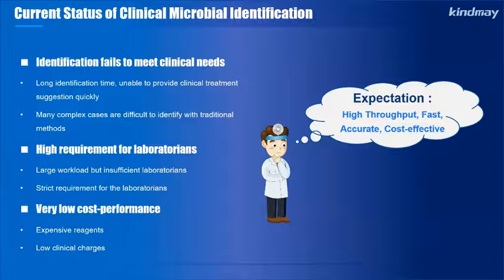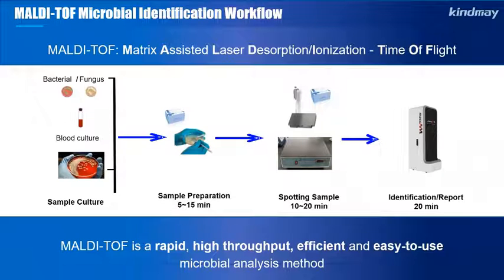So this is the status of clinical microbe identification, and MALDI-TOF can fully meet these requirements. The full name of MALDI-TOF is matrix-assisted laser desorption ionization time of flight. As you see, the name is very long and complex.